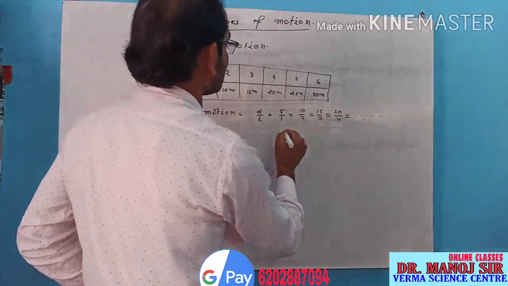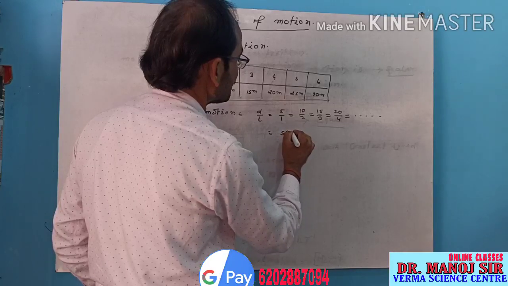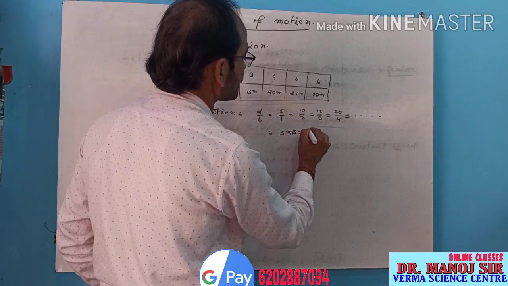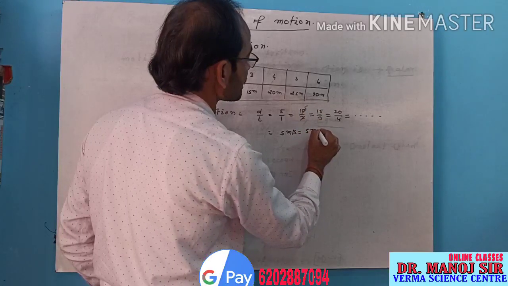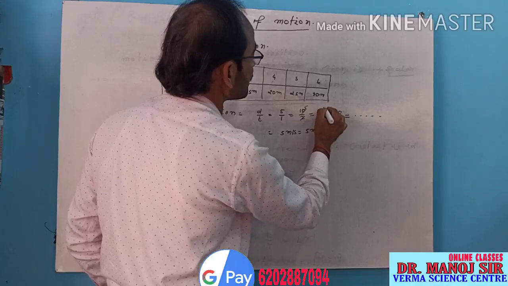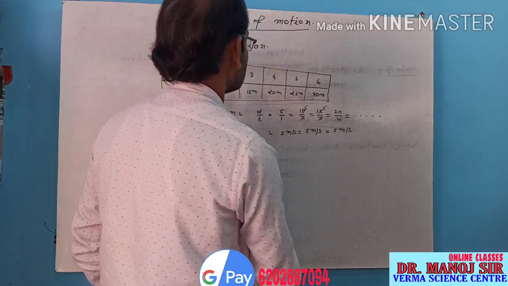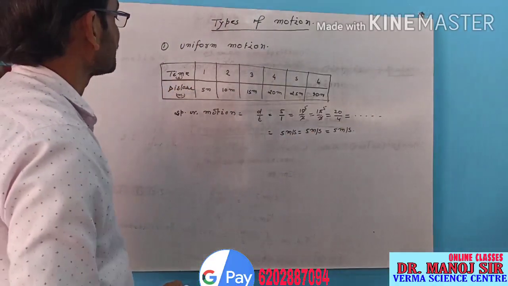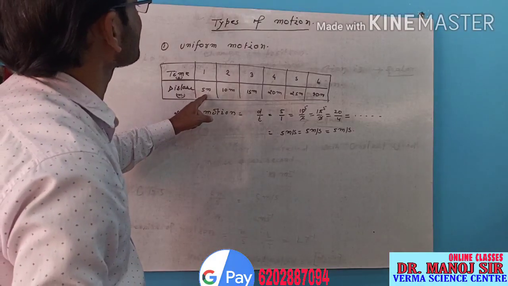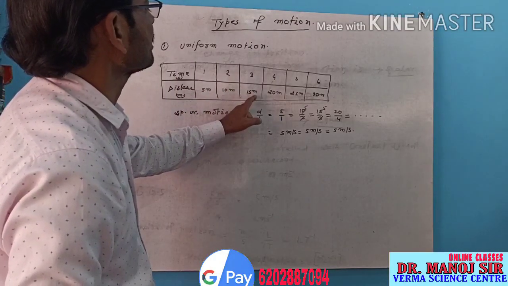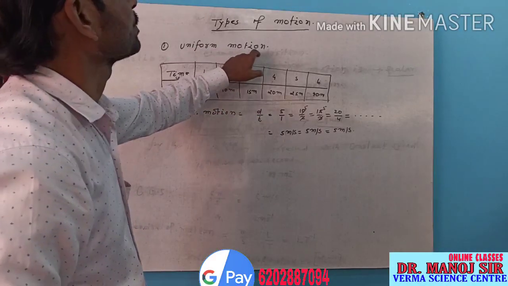Their result will be 5 meter per second, 5 meter per second, 5 meter per second. The motion of the body is 5 meter per second in each and every junction, so the motion is said to be uniform.